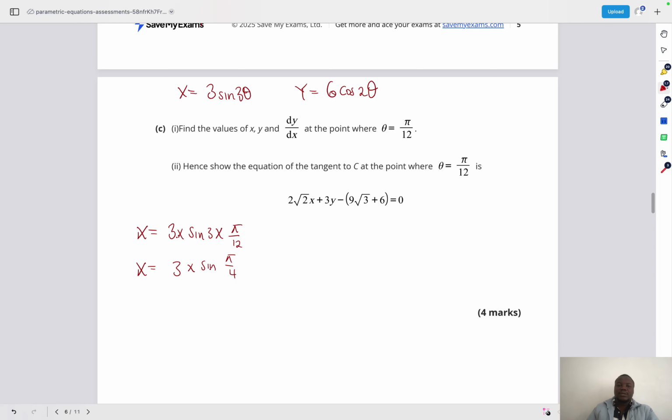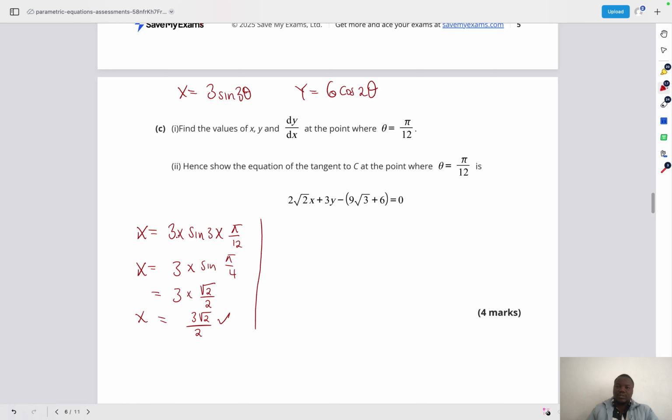If you use your calculator here, these are just special angles, this should give me root 2 over 2. So this gives me 3 times root 2 over 2, which implies that x is equal to 3 root 2 over 2. Okay, so we keep that.